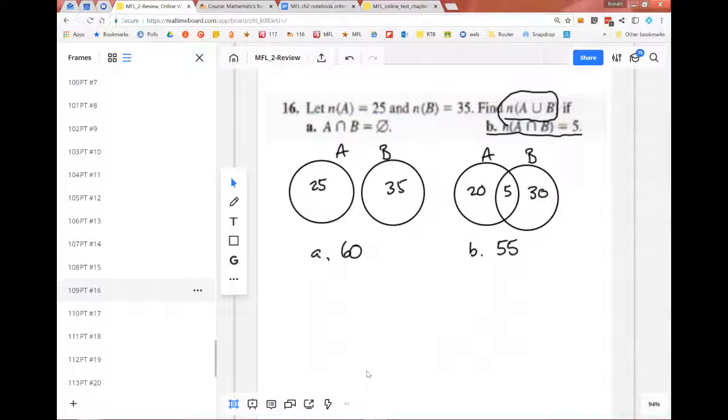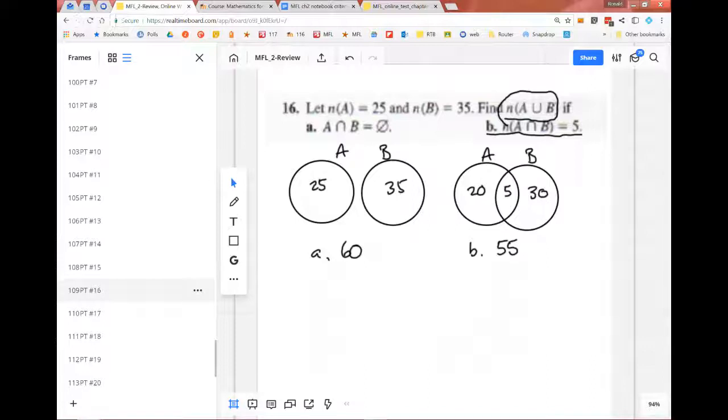Do you see my drawing for part A? The circles are drawn separate because A intersect B is empty. So A has 25, B has 35. What's the number in their union? Just the sum of those two, 60.